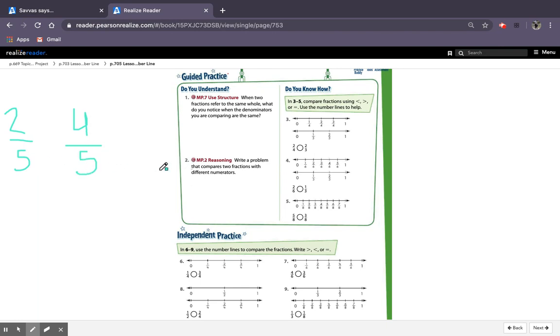Okay, so they have the same denominator. What do I have to do first to compare them? So they both have the same bottom. To figure out which one's greater or which one's less, I have to look at the top numbers. I have to look at the numerator. So I know that 4/5 is larger. So I compare their numerators to see which fraction is larger.